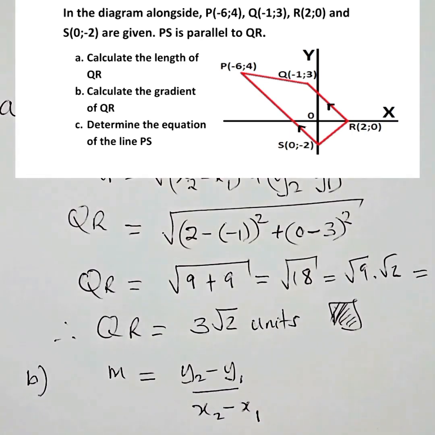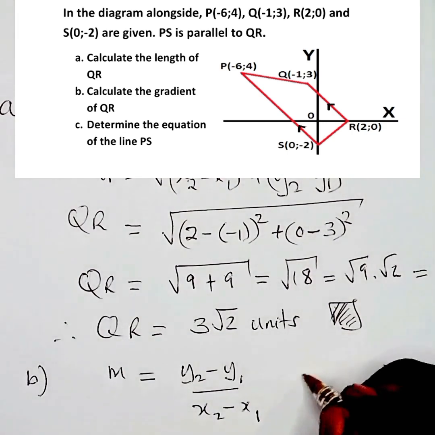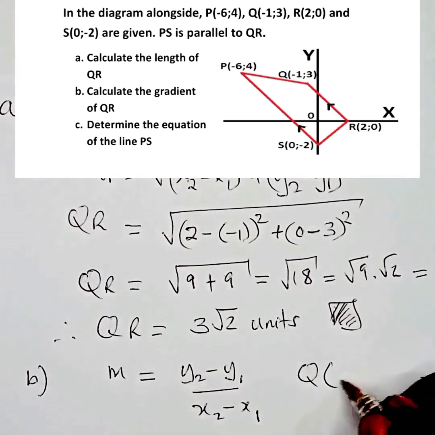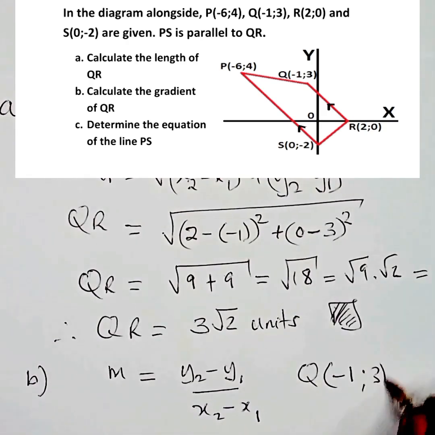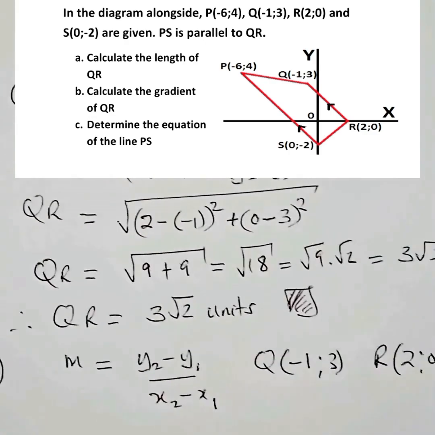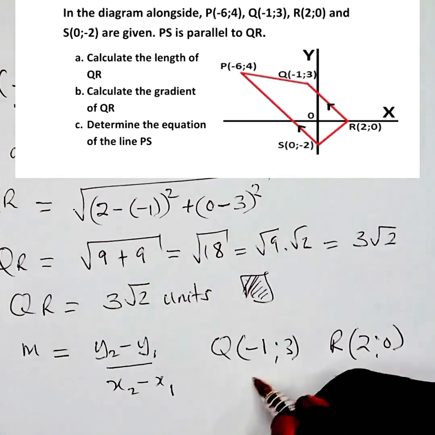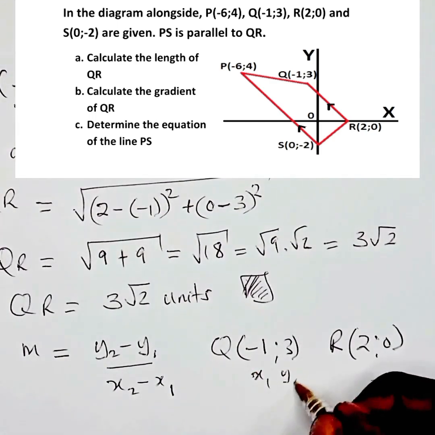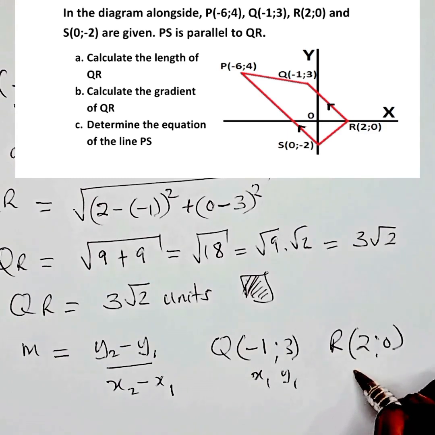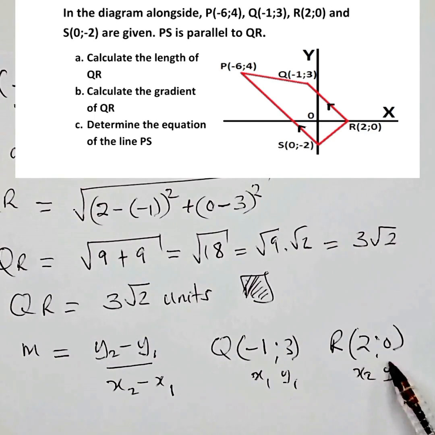Q is the point (-1, 3) and R is the point (2, 0). We assign those variables: this is x1, y1, then x2, y2. Then we just substitute this into that equation.